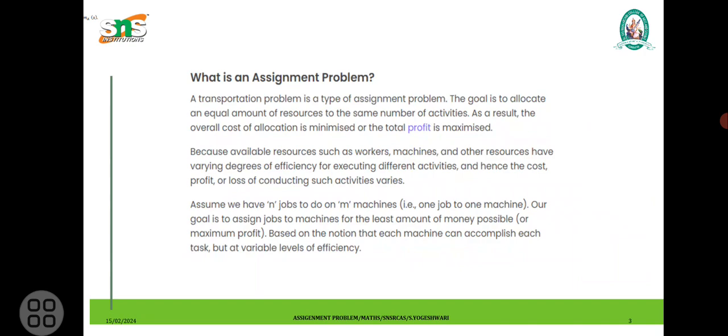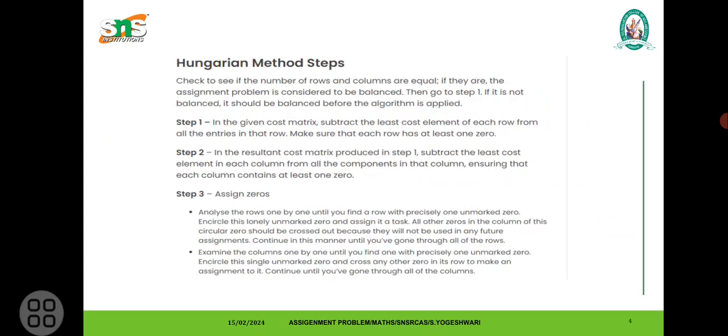Assume we have n jobs to do on m machines. Our goal is to assign jobs to machines for the least amount of money possible. Each machine can accomplish each task but at variable levels of efficiency.